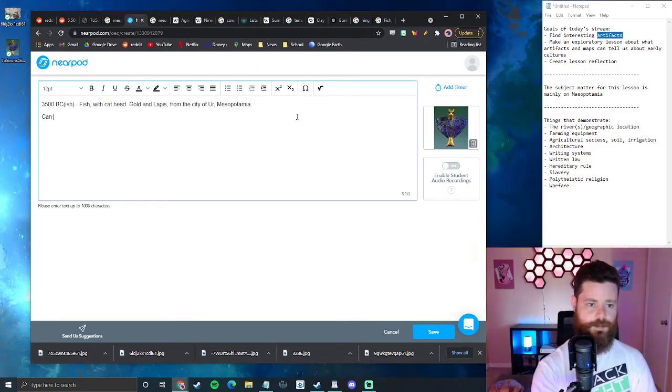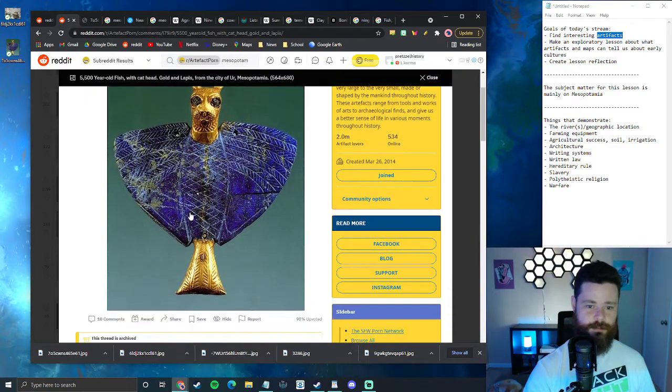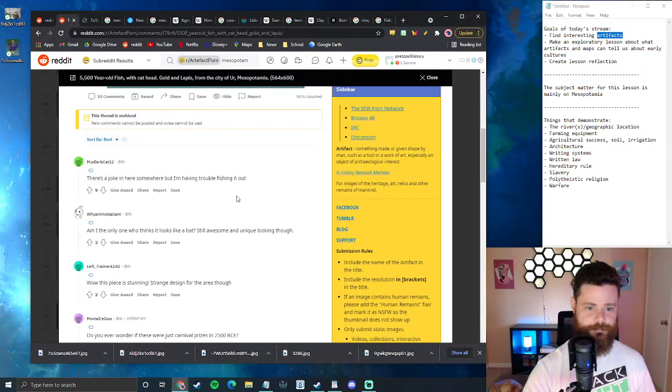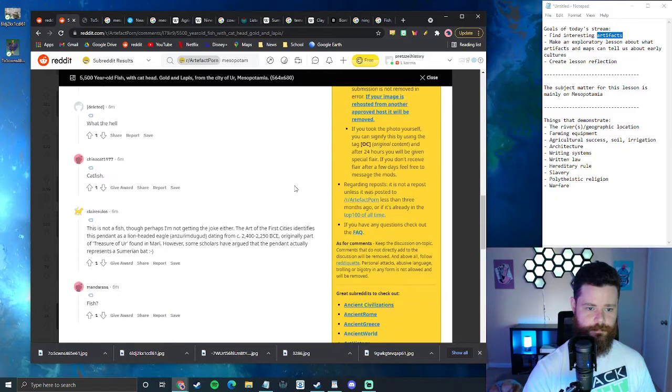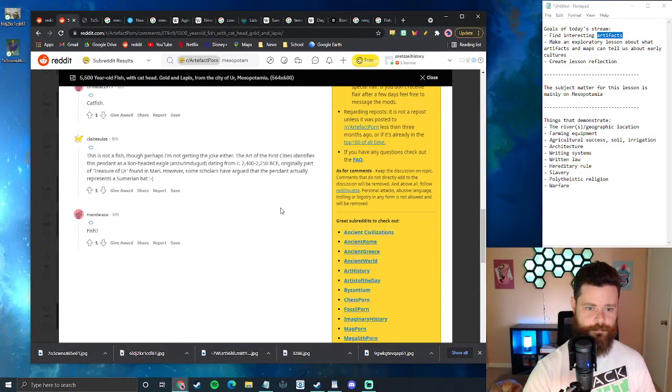Okay, what? Okay, there's not a whole lot of information on it, looks like. Oh, okay, here. The art of the first cities identifies this pendant as a lion-headed eagle dating from about, okay, we can do that.